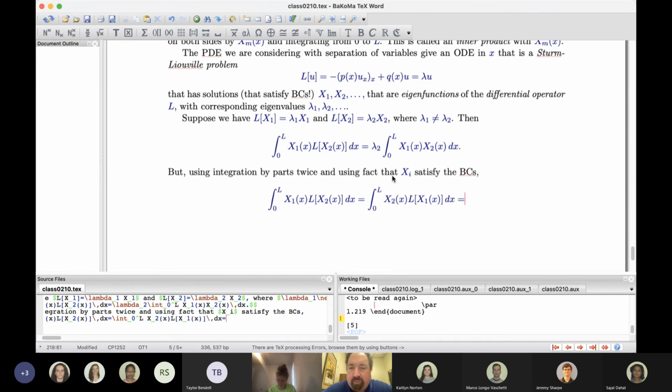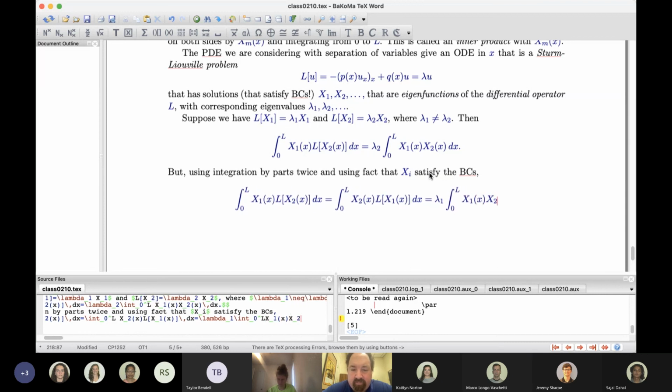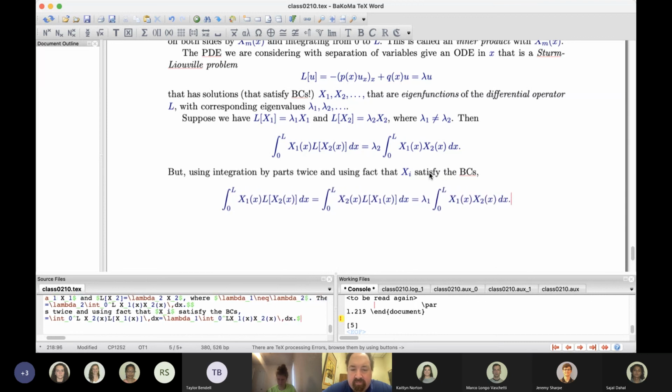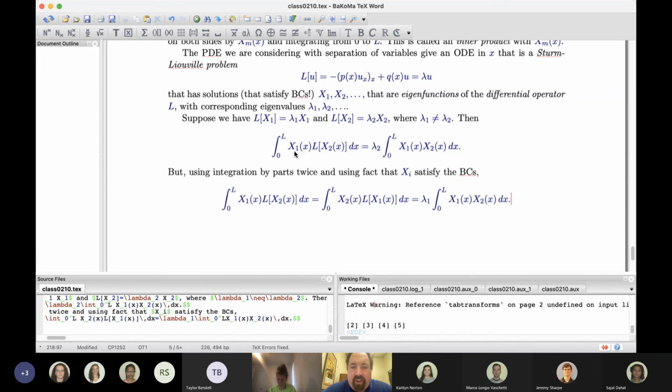Following what I did here, that's the same as lambda 1 times the integral of x1 x2. Notice I started with the same thing on the left side, so these must be equal.